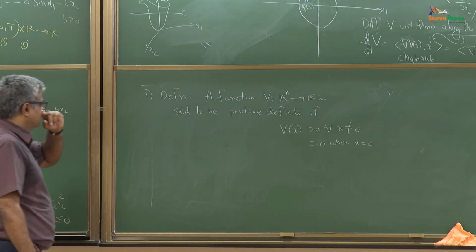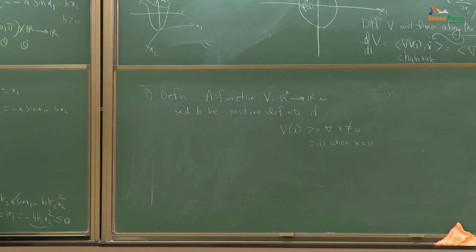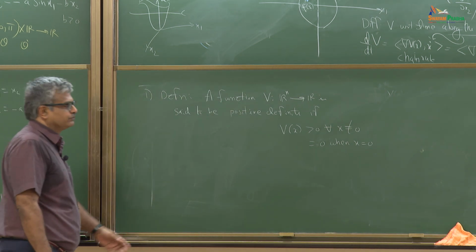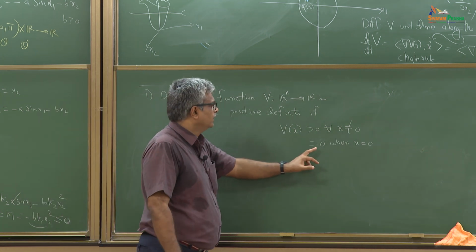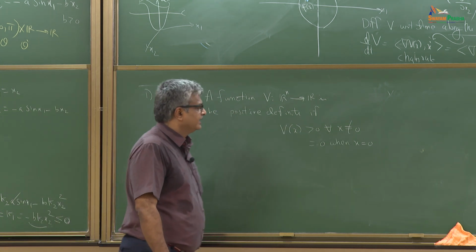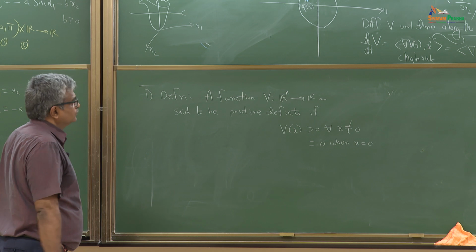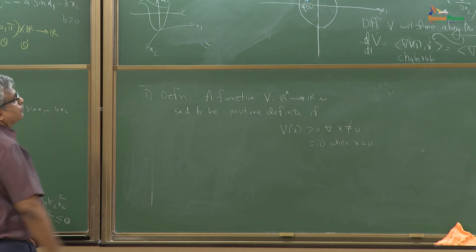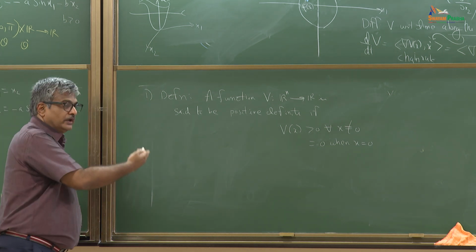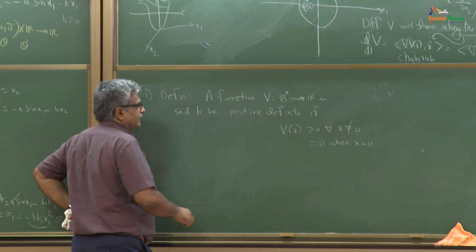Okay. So a function v is said to be positive definite if v of x is positive for all x not equal to 0 and equal to 0 when x equal to 0, right. So the quadratic function that I have put there is one example. You do encounter this when you are dealing with matrices.